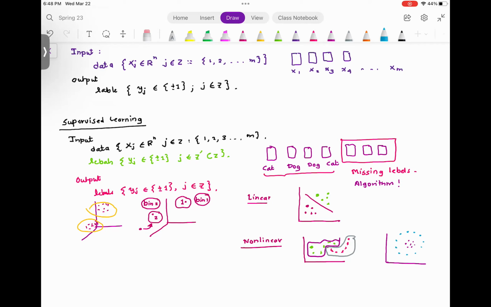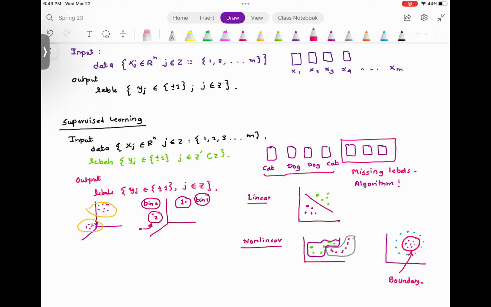Clearly, if you want to separate these two out, you want to do something like this, and this would be the boundary. And these boundaries would separate out the data sets.